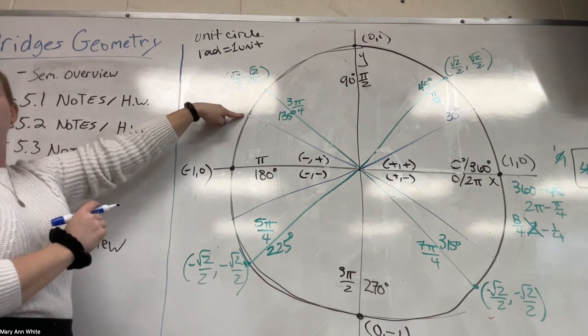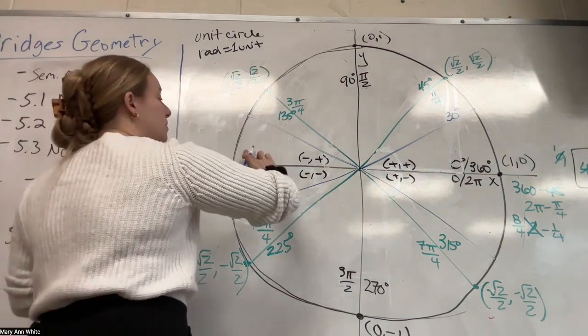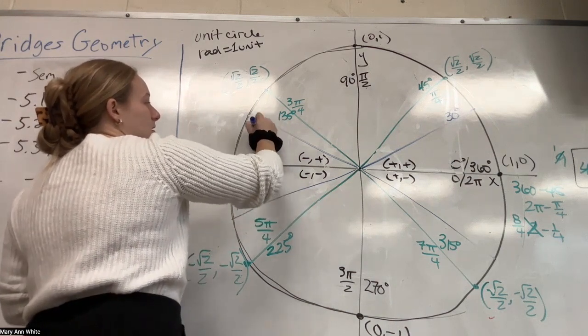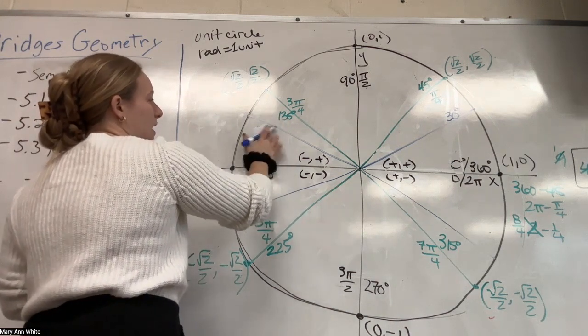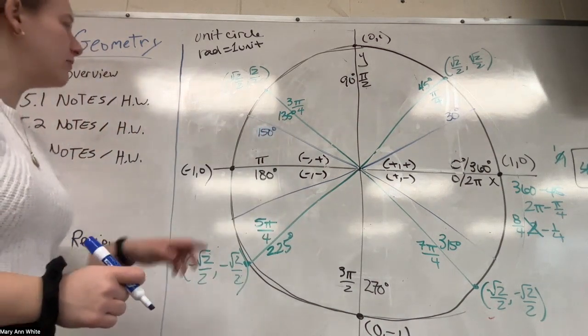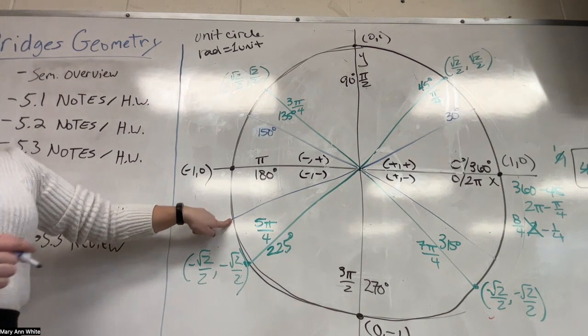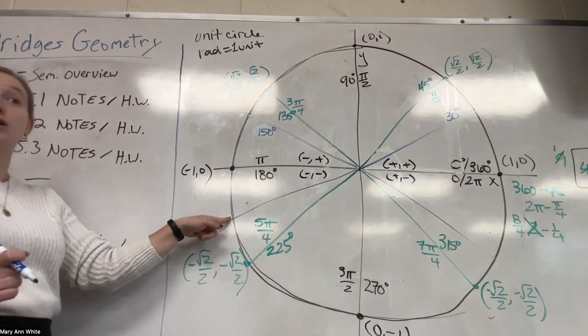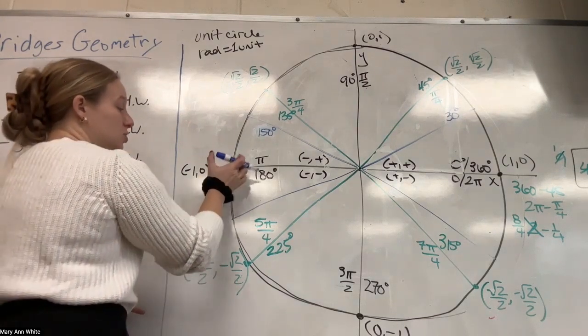What's 180 minus 30? 150. So this blue line in the second quadrant is 150. I really should have gotten a new marker today, but I didn't. So good enough. Okay, the blue line in the third quadrant, same idea. Now we're going to go more than 180. So what's 180 plus 30? 210.